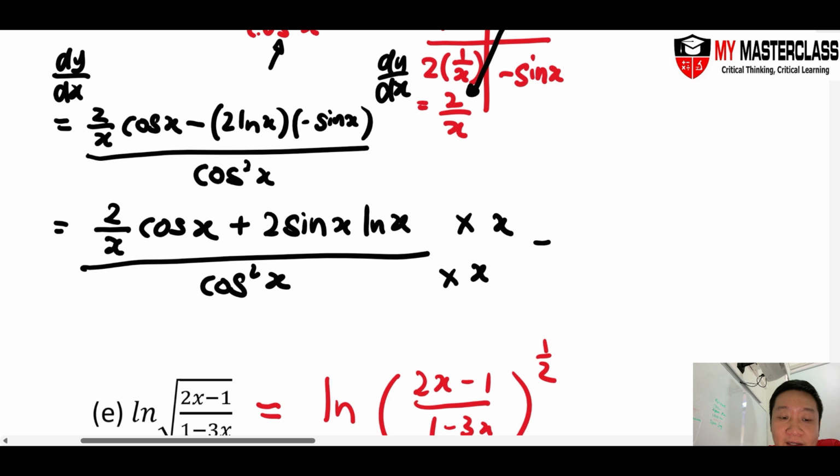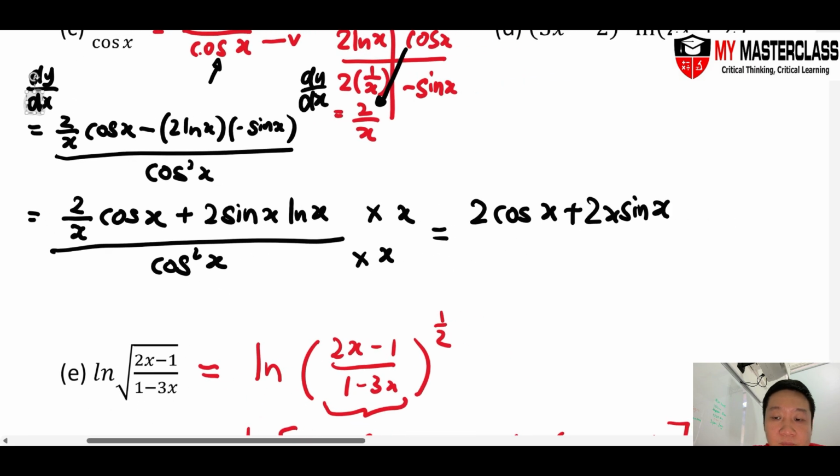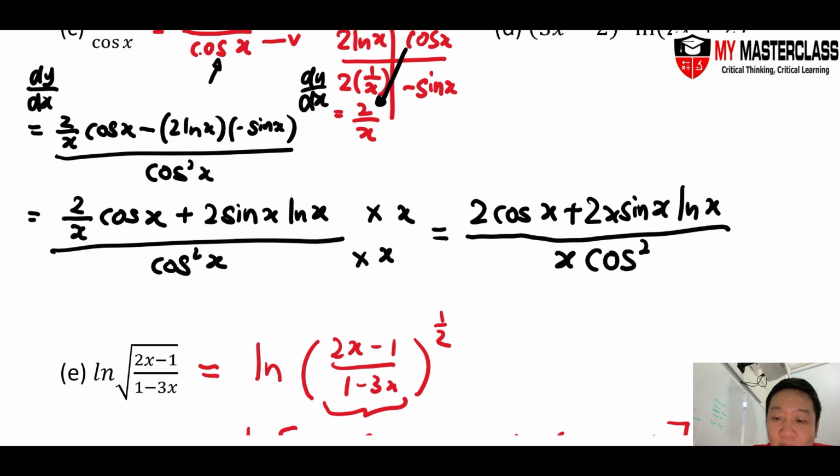So hence your final answer is going to be 2 cos x, because that removes the 2 over x, plus 2x sine x ln x, over x cos squared x.